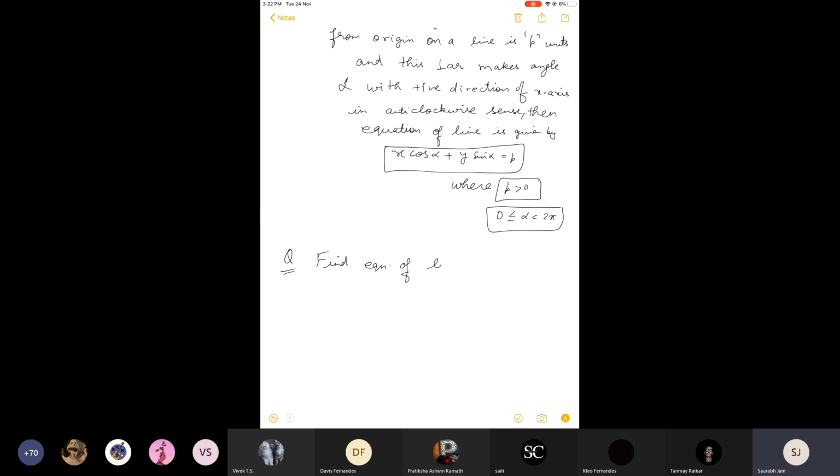Find the equation of line whose perpendicular distance from origin is 4 units and the angle which the normal makes with positive direction of x-axis is 15 degrees. So everything is given.